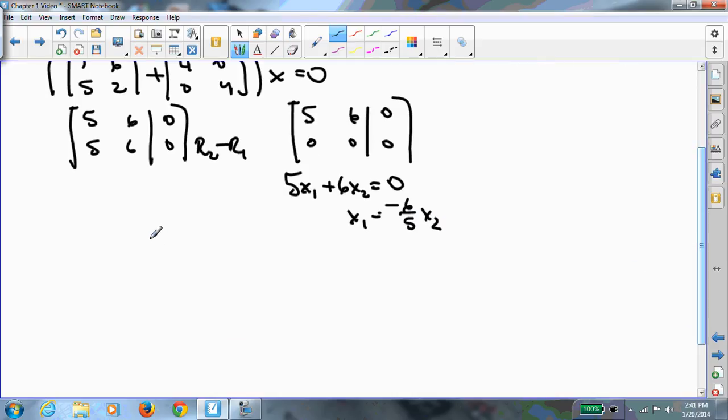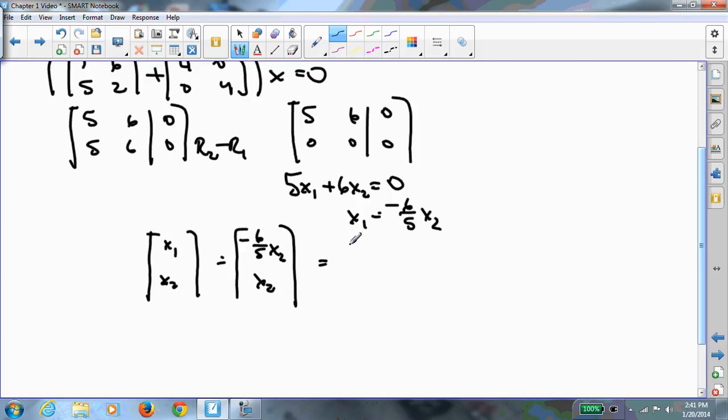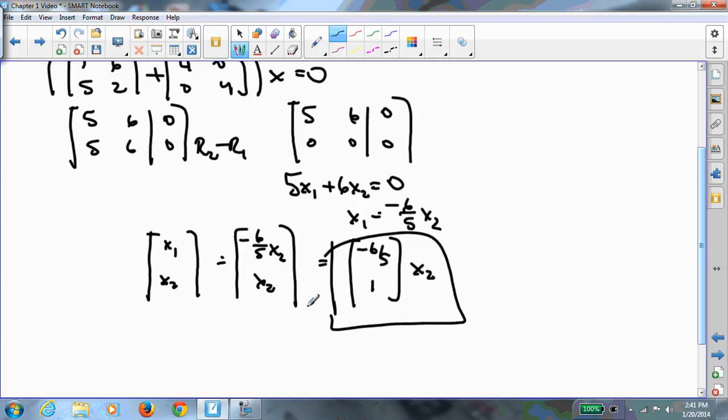So if I were to write this in vector form, I would have x1, x2 equal to negative 6 fifths x2 and x2. And pulling out the x sub 2, basically any multiple of negative 6 fifths and 1 is a solution to this homogeneous system.